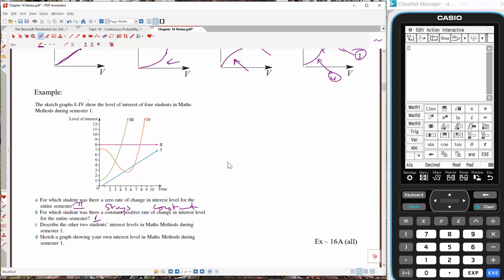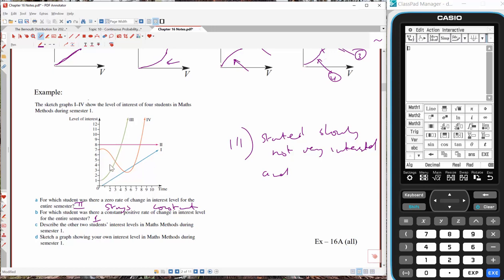All right, so let's look at student 3. What happened is they started slowly, not very interested, and that rapidly changed.